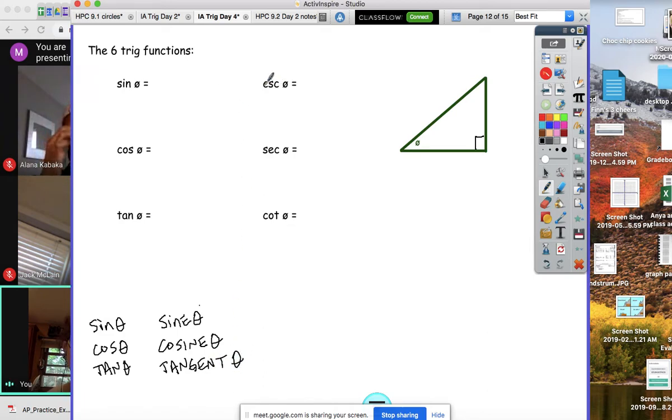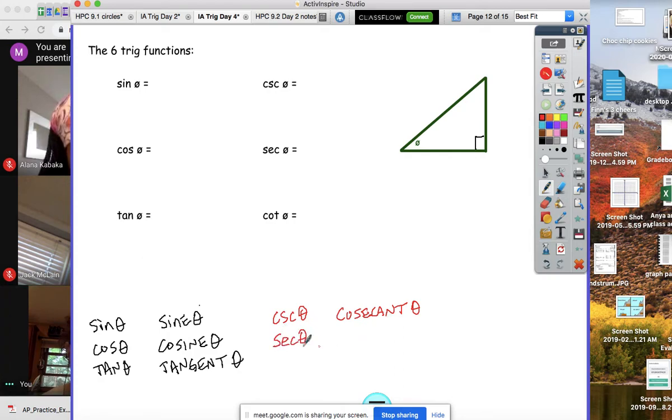And then this CSC, that's a new one. So CSC represents cosecant. And then SEC is an abbreviation for secant. And then COT is an abbreviation for cotangent.